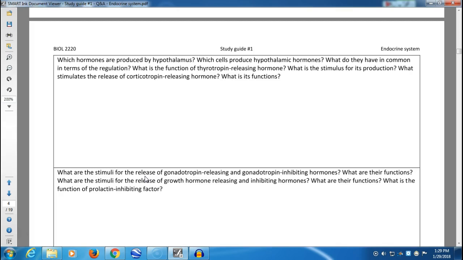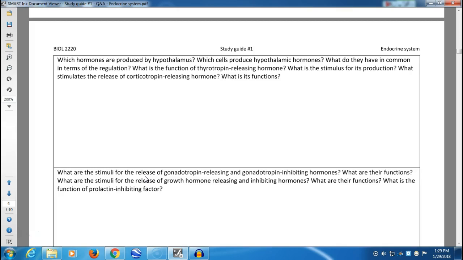That's pretty much it. And this is really easy: if the name contains releasing or inhibiting, it's hypothalamic. Warning you, I may make up a hormone that doesn't really exist. So it shouldn't be the only criterion, but if you see corticotropin inhibiting hormone, no. This one just doesn't exist. Does that make sense?